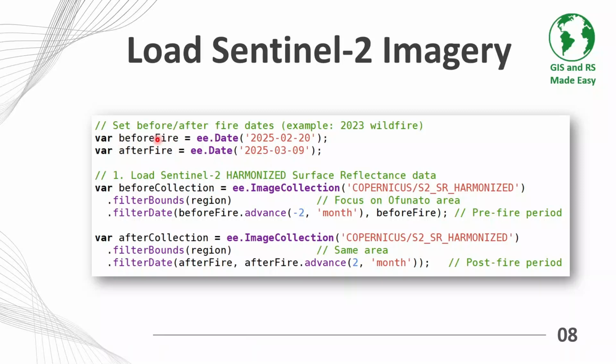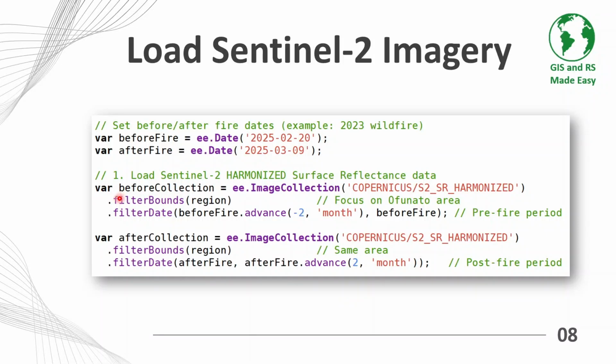One is before fire and another one is after fire. In Ofunato, the wildfire has taken place between February 26 and March 9. So we set a before fire date February 20 and after fire date is March 9th.